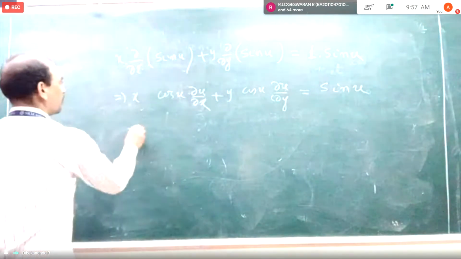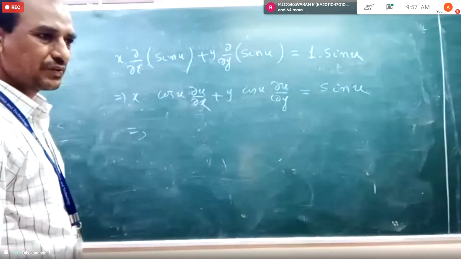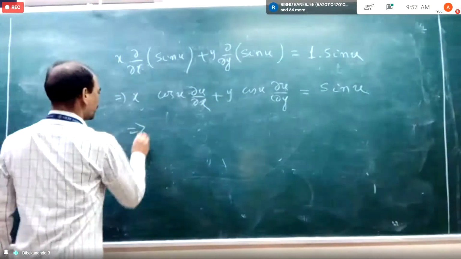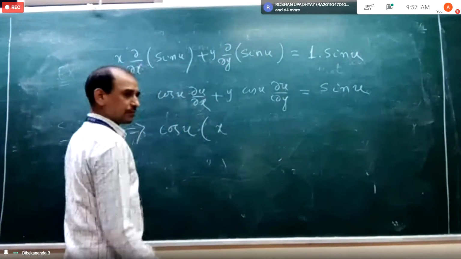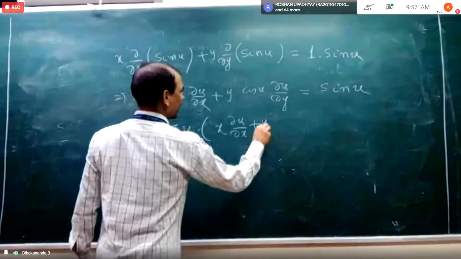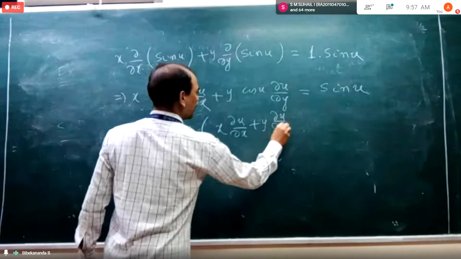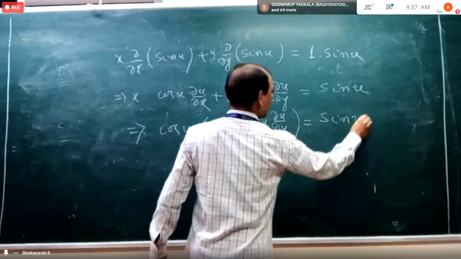And so, what is common between these two terms? Cos u is common. What is the remaining term? x dou u by dou x plus y dou u by dou y is equal to sin u.